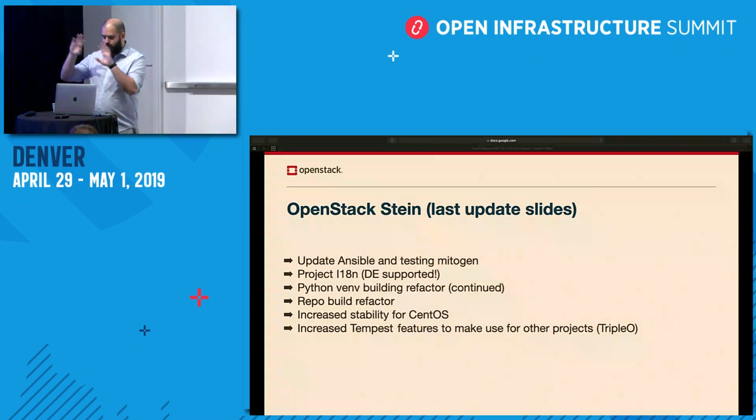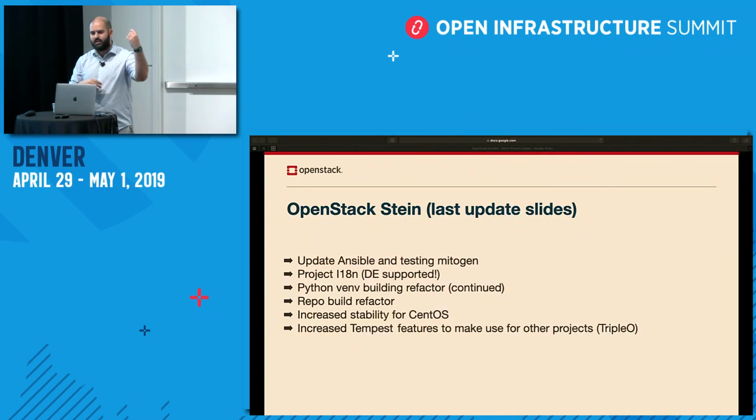We also had this great Python virtual environment refactor. The way that OpenStack-Ansible deployed before is usually we had a stage where we would build all of the Python wheels, or Python packages, and then at deploy time, we would pull down these wheels into the machines that we're installing to.